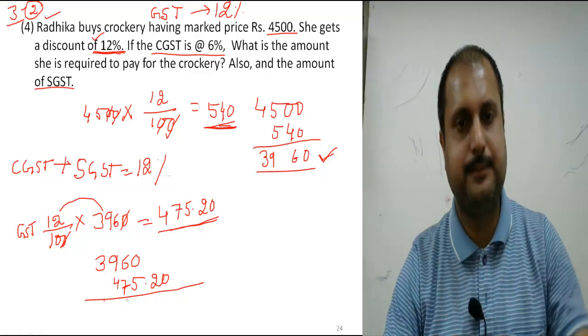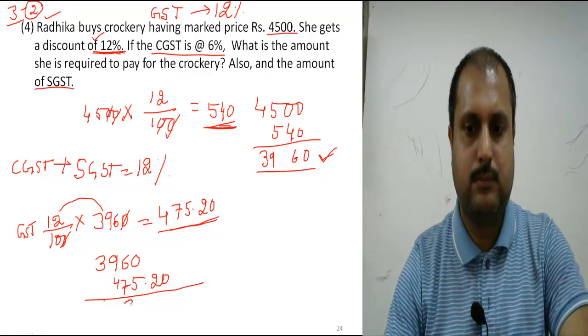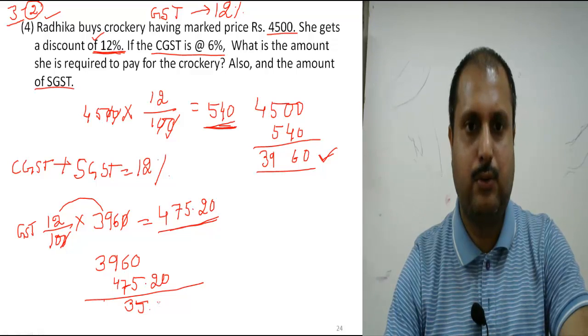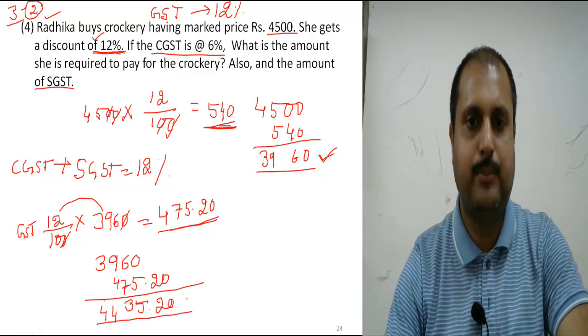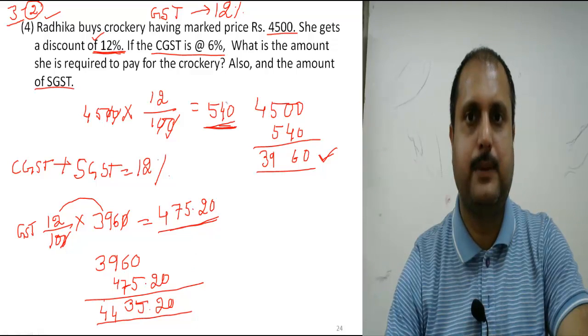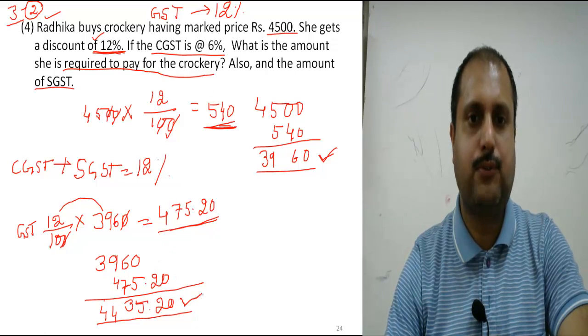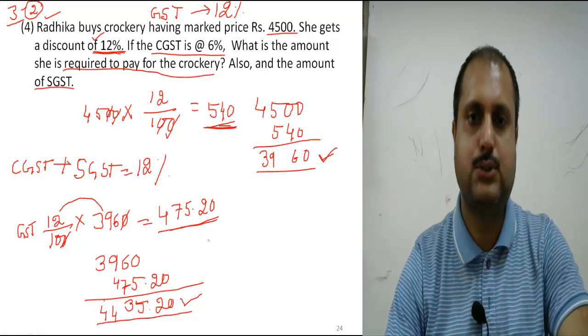After adding, it becomes 4,435.20. So this is the amount she is required to pay for the crockery: 4,435.20 is the total amount Radhika has to pay.